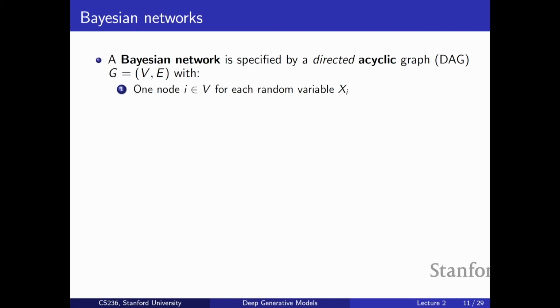It's a graph-based data structure where there's going to be an underlying directed acyclic graph, which gives you the ordering in that chain rule factorization. So there's going to be one node in the graph for every random variable that you're modeling. If you're modeling images, one node for every pixel. If you're modeling text, one node for every token or every word that you have.